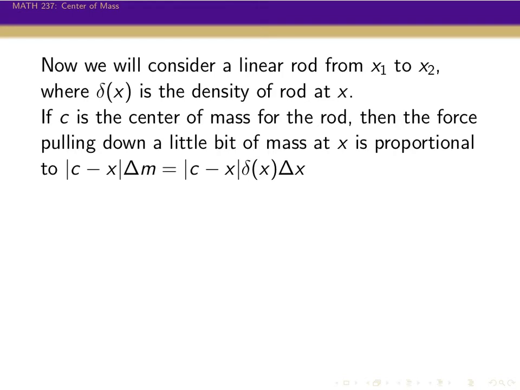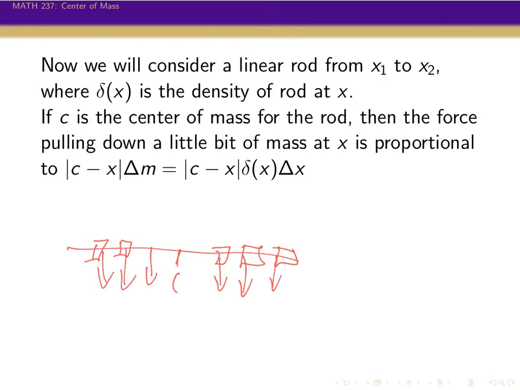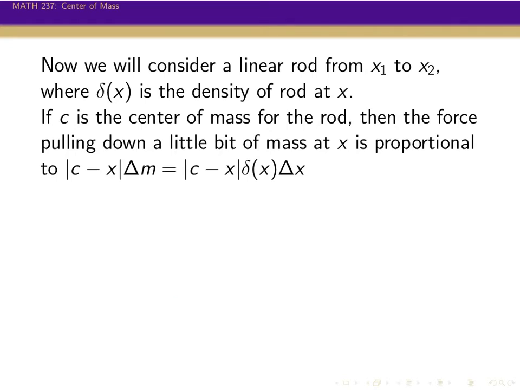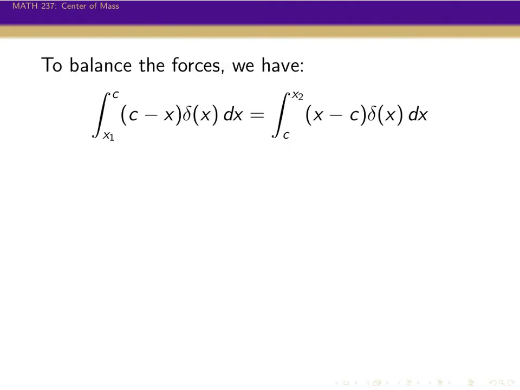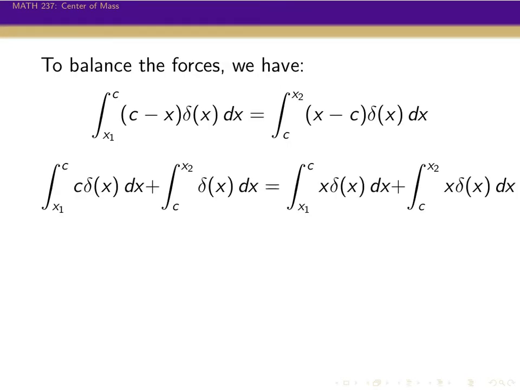Okay, and now that we know how much it's pulling down at each little bit, since it's balanced at C, that must mean that all the forces pulling down to the left of it have to equal all the forces pulling down to the right of it. Right? And so this gives us what I think in physics they call a balance of forces equation, here it is.